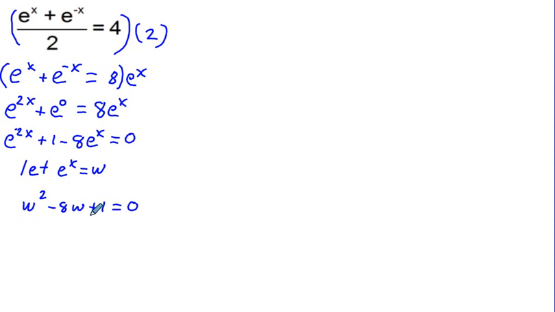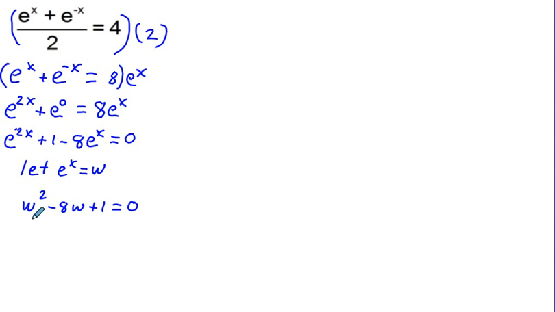And so now we have laid bare this quadratic form. And this is a quadratic form that is not factorable, because you cannot get two numbers which when multiplied together equal 1, that when added together equal negative 8.